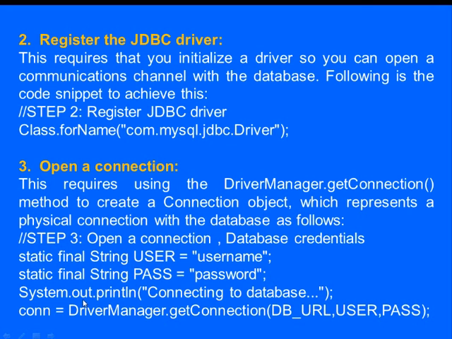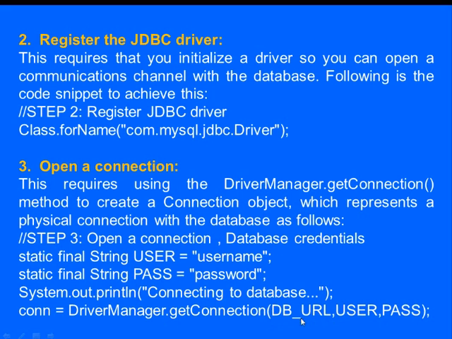The syntax for that would be con equals to, we are creating a Connection object, con equals DriverManager.getConnection, and here we have to specify the DB URL, meaning where exactly the database is stored.